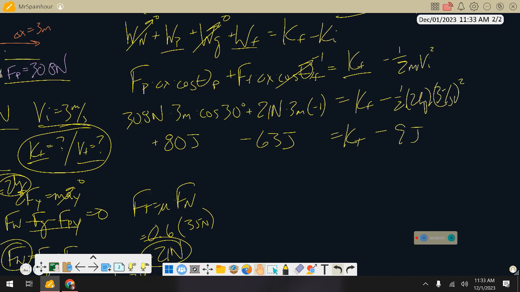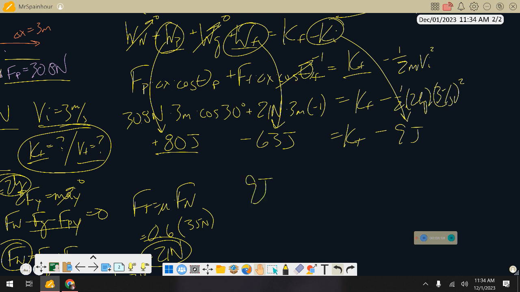If I do all this work out, you'll notice this is the work of the push. This is the work of friction. This is the kinetic energy initial. I just rearrange this around by adding 9 to the other side, and the answer is 26 joules.